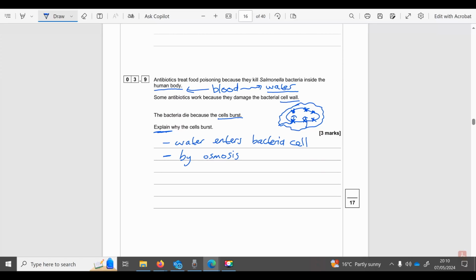Remember that the definition of osmosis is the movement of water molecules from a high concentration to a low concentration through a semi-permeable membrane. But some water can enter, so why is that going to cause the cell to burst? It must mean that there's so much water that the cell wall can't withstand the pressure that the water is providing.